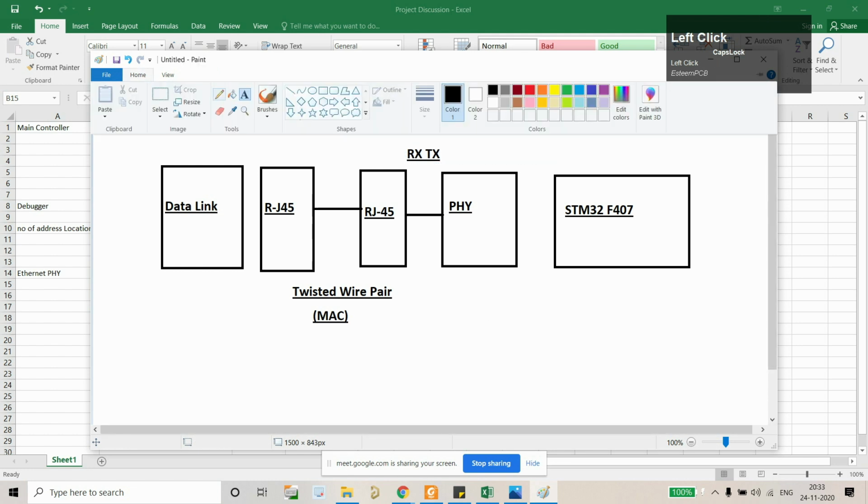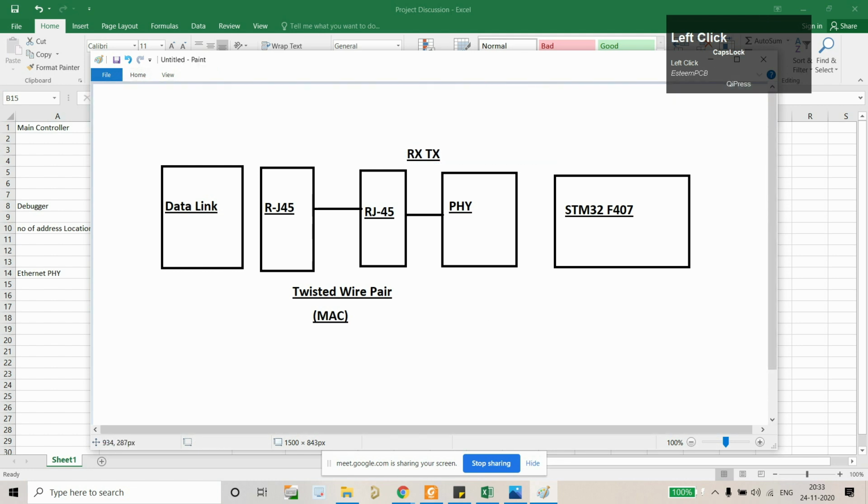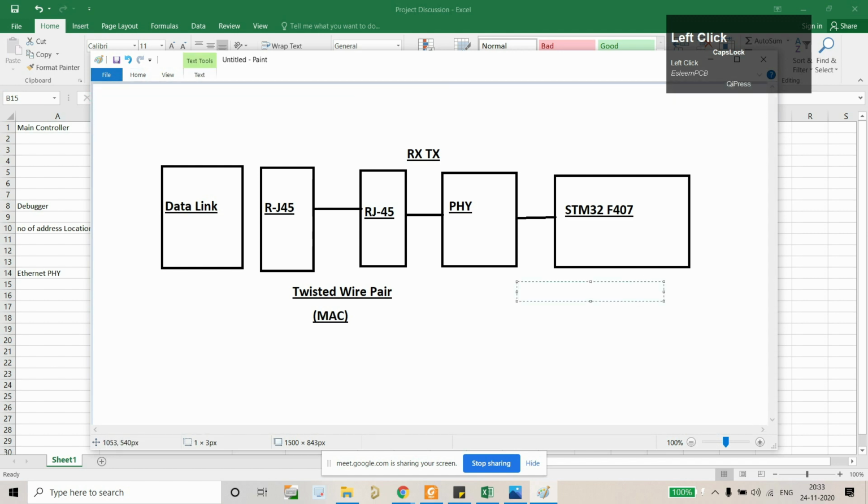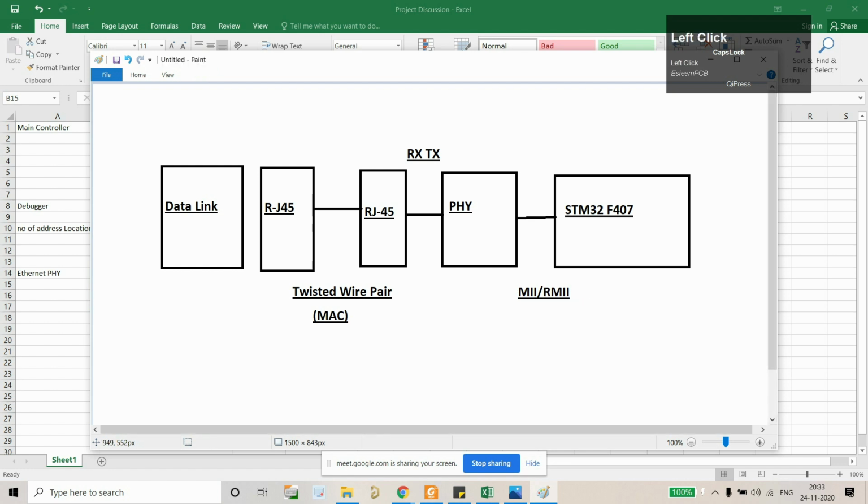And here, this is communicating to our main controller using the MII or RMII interface. Now you will understand: this is the whole architecture of the Ethernet connection and how it is communicating with the main controller. The new terms for us are MII and RMII.